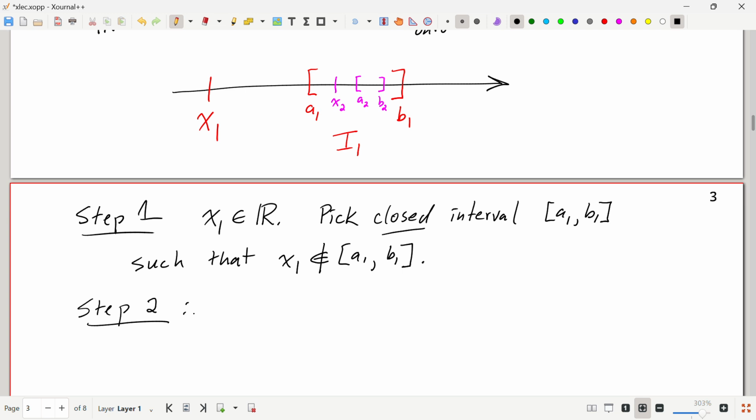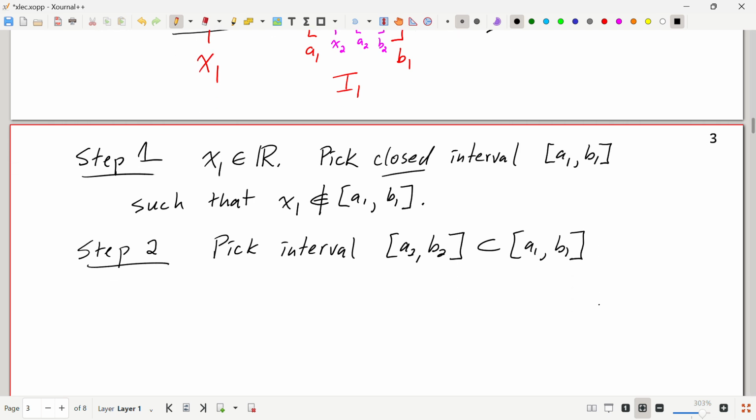Is we pick an interval A2, B2 contained in A1, B1 such that X2 is not in A1, B1.